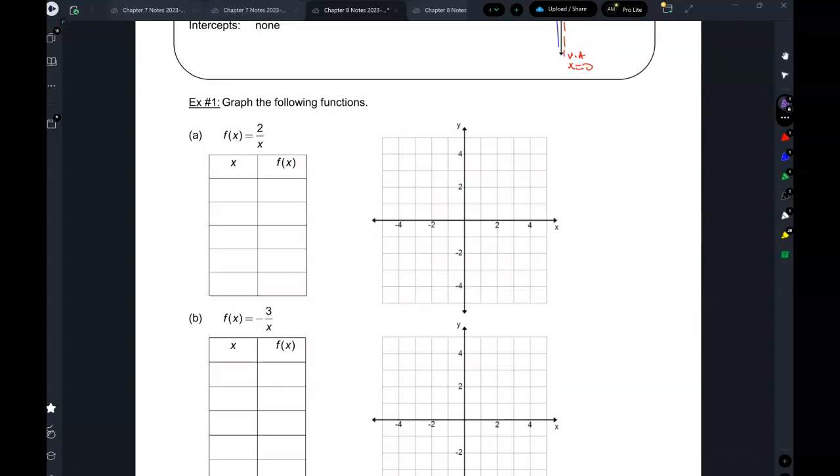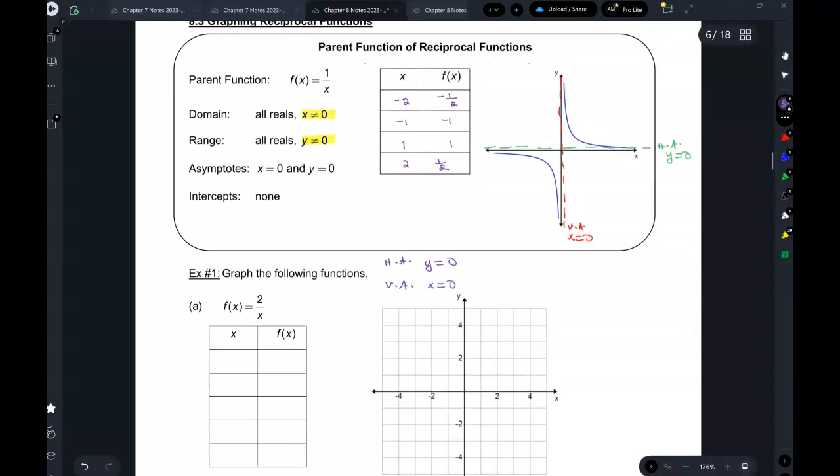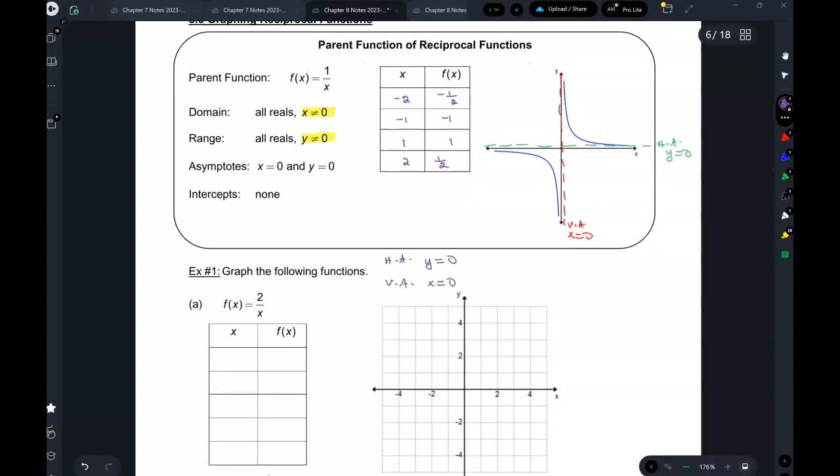So I have f of x is equal to 2 over x. Right off the bat, I know there is a horizontal asymptote at y equals 0, and there is a vertical asymptote at x equals 0. Because it's the same exact thing here, because x can never be 0.